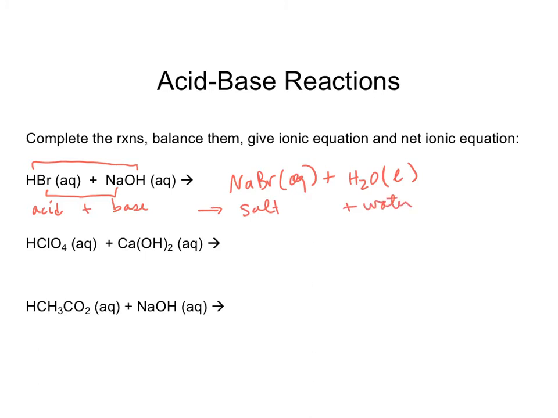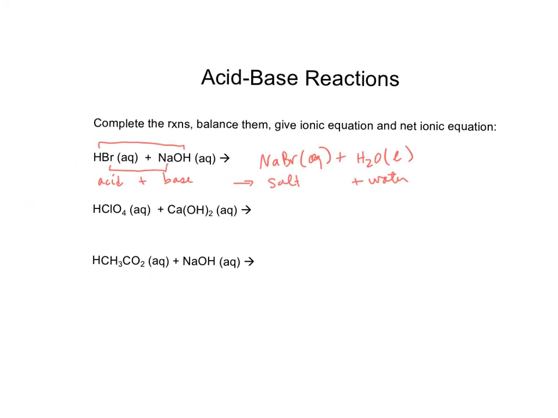That's the pattern in the acid-base reaction. It's an acid because it's got the H given on the left-hand side here. And it's got the hydroxide for the base. And those things are going to break up and potentially react.